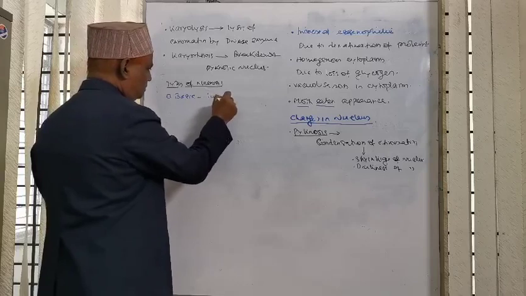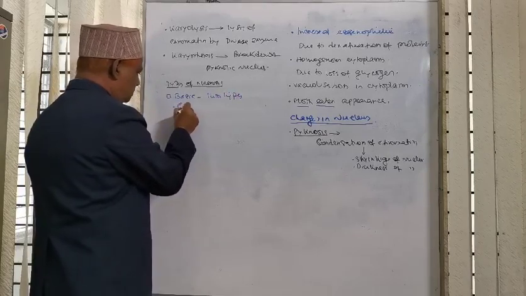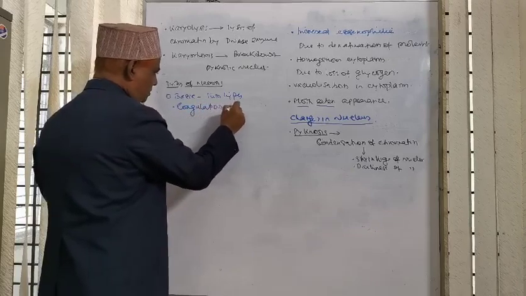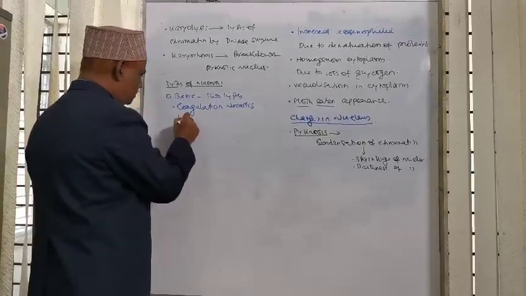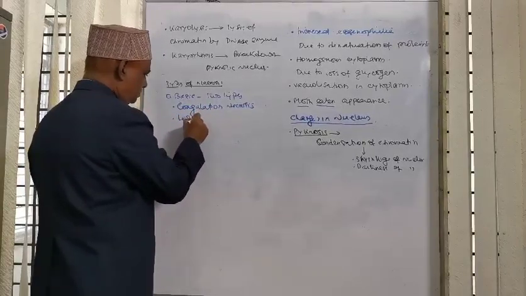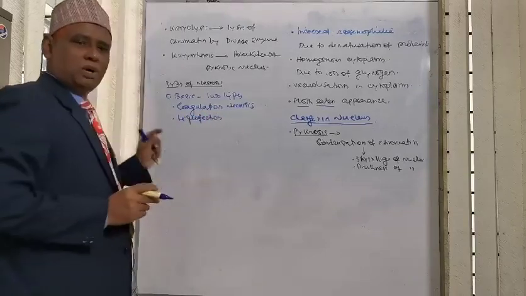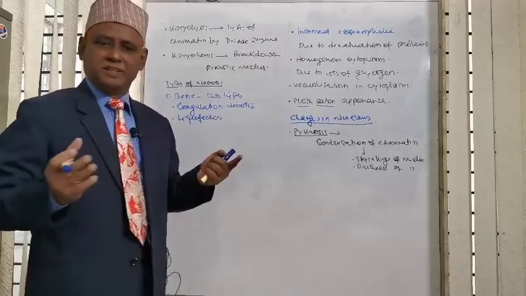One is coagulation necrosis. Another is liquefaction necrosis. So one is coagulation necrosis, another is liquefaction necrosis. These are the basic types.